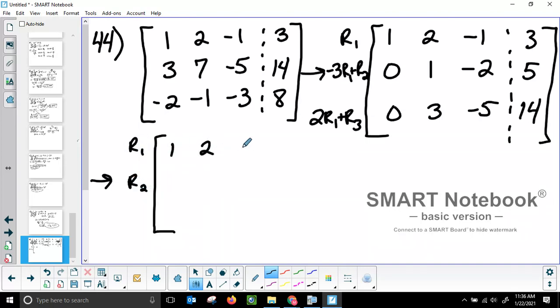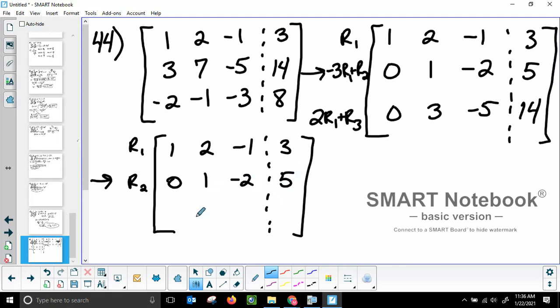So 1, 2, -1, 3, and 0, 1, -2, 5. All right, and I want this to be a 0. So I can actually say -3 times row 2 plus row 3.